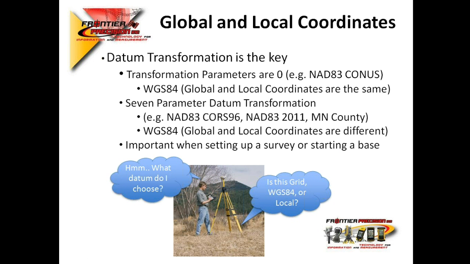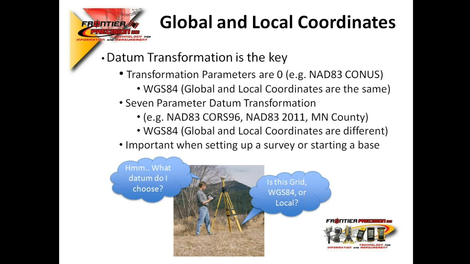So that brings us to one of the major topics of today's discussion, and that is global and local coordinates within the Trimble software. As we've noted, as things have evolved over the last few years, the datum transformation is becoming very key, very critical within our software.